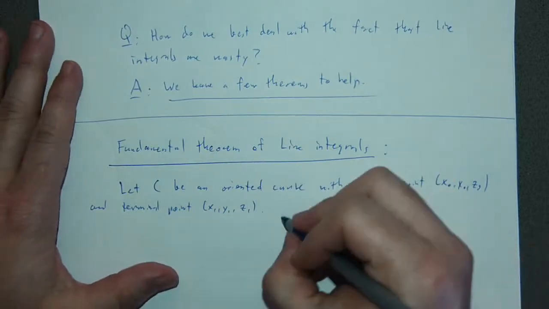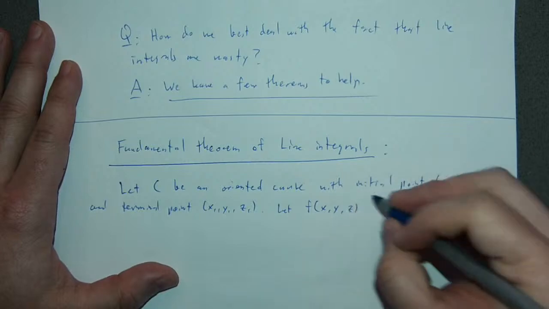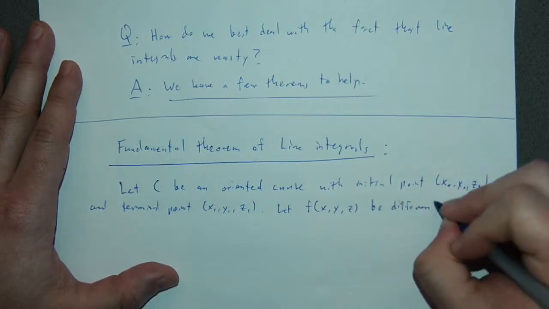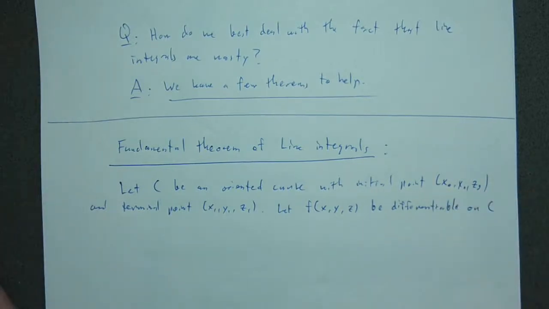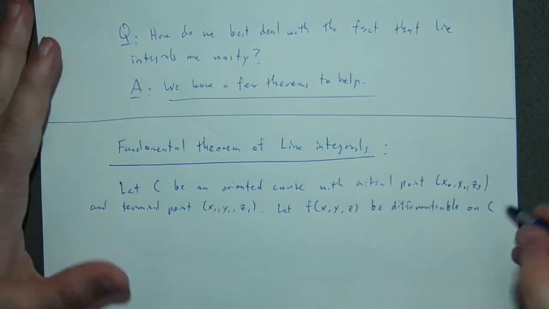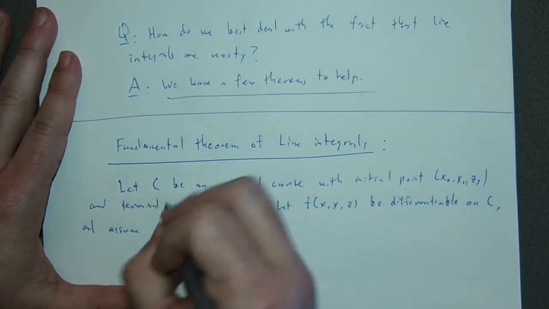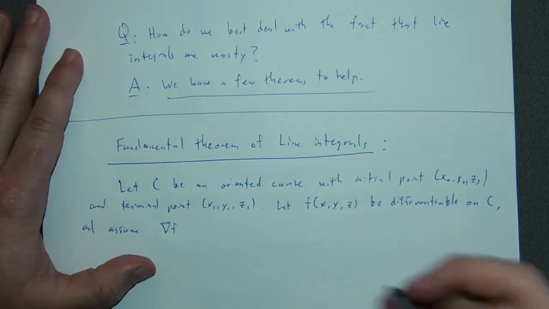Let f(x, y, z) be a function of three variables that is differentiable at every point on C. It is differentiable on C, and assume that the gradient of f is continuous on C.